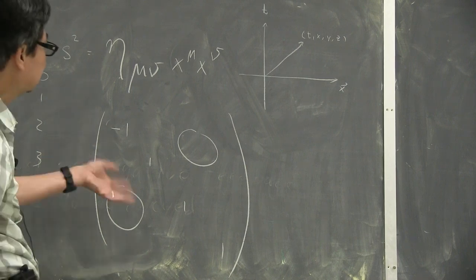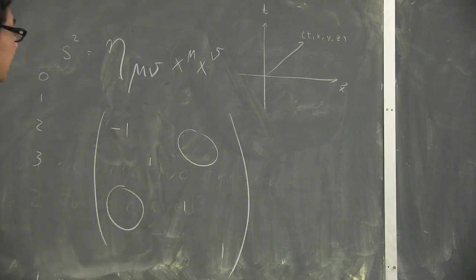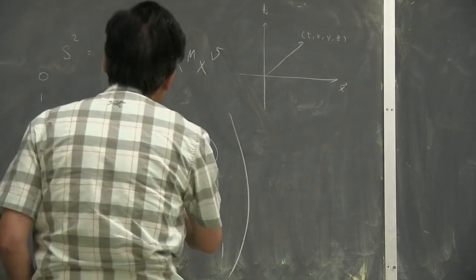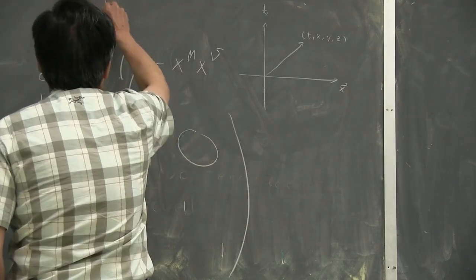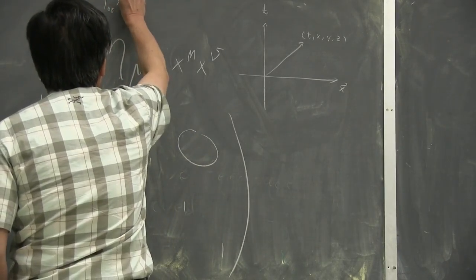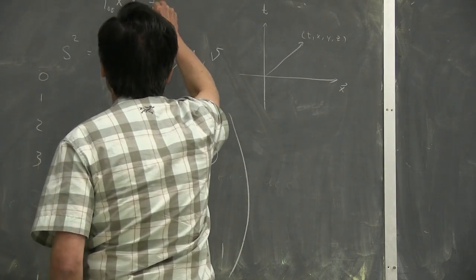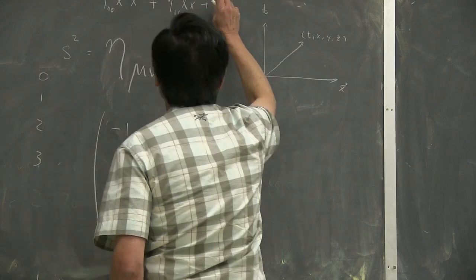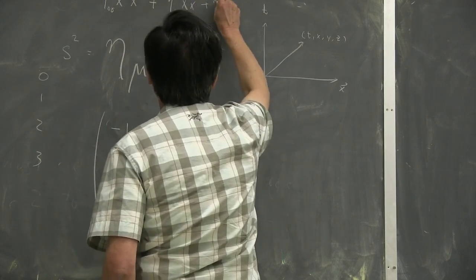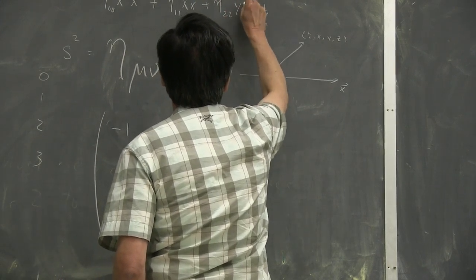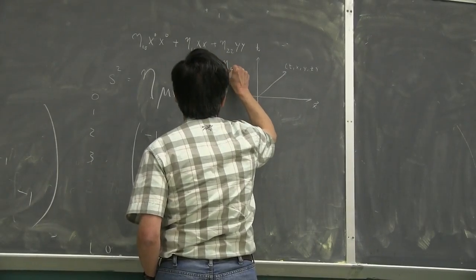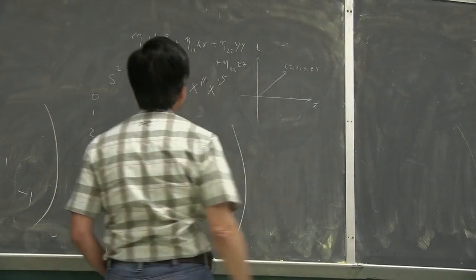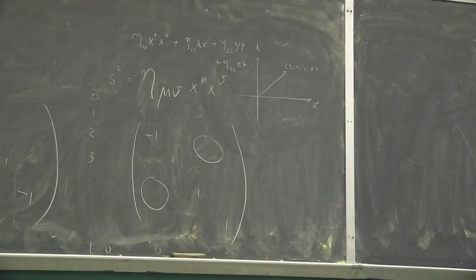Now in this case, when the eta matrix is diagonal, basically you just have to do eta_00 x0 x0 plus eta_11 x1 x1, or x, let me call this x, plus eta_22 y y, plus eta_33 z z, okay? This is what this formula says.